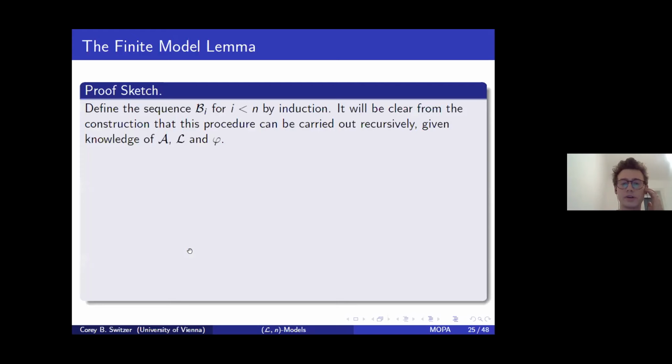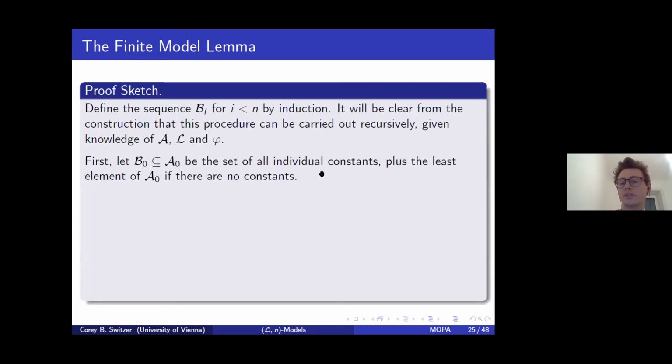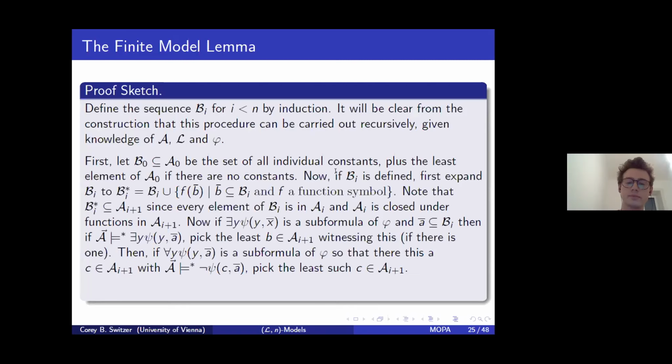How does it go? Well, you define B_I by induction, and it's clear that what you're doing is recursive. So for B_0, you just take the individual constants plus some extra element if you don't have any constants. So just the smallest number of things that you need to even have a structure. And then if you have B_I defined, first thing you do is you close up under function symbols.